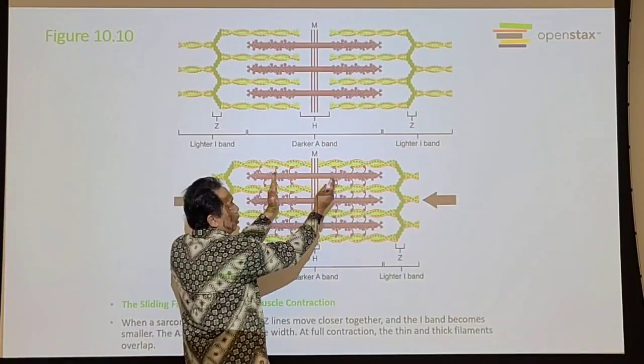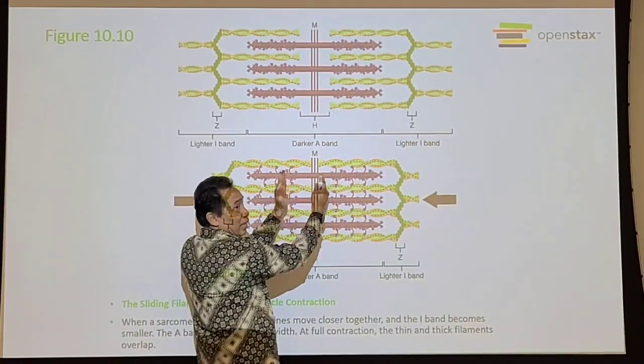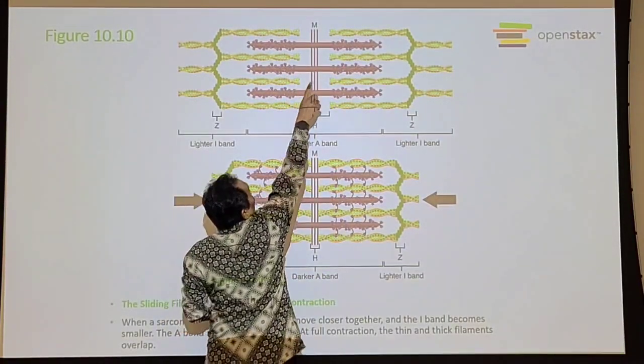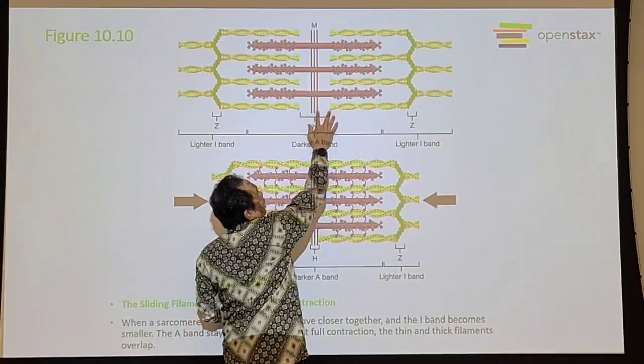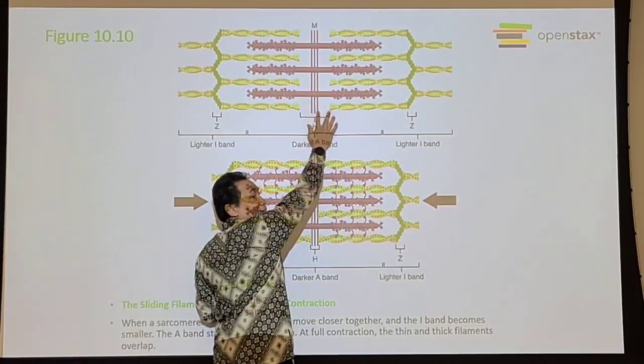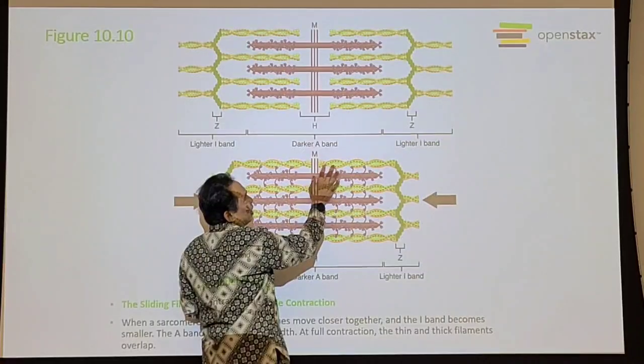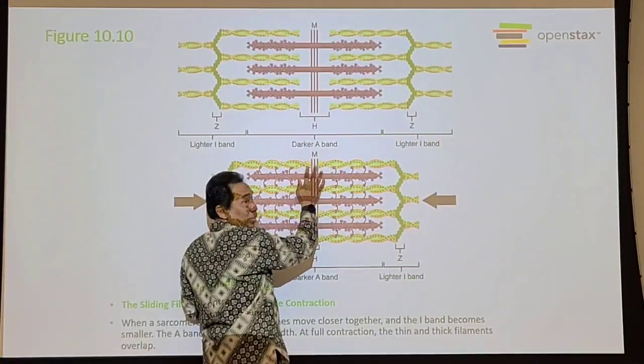And then after that, it will pull the actin into the middle. You see that between the M line and the actin over here there is a space? That's relaxation. Look here, the actin actually goes to the M line.